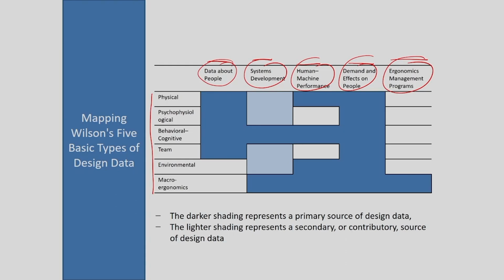Here you can see that there are 2 major colors, one darker blue and another light blue. The darker blue shading represents the primary source of design data. So, if you want some kind of design solution, from these areas you should have primary data. You need to identify a method or tool to gather information from field study or field observation. That is the darker shade, whereas with the lighter shade you can have secondary data, that means from the literature.